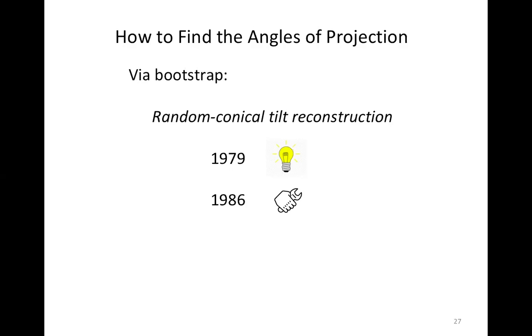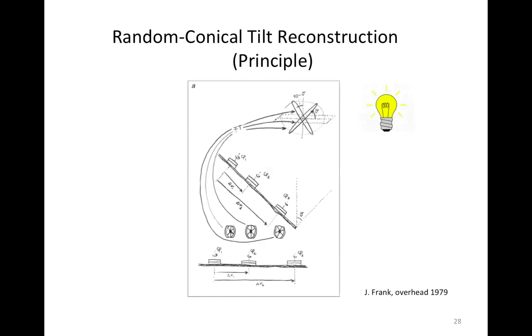But the big problem is how to get such a bootstrap reconstruction. So I had a bright idea in 1979, and then that only got to a result in 1986. So there was very hard work in between, program development, and I have to credit Michael Radermacher with this.